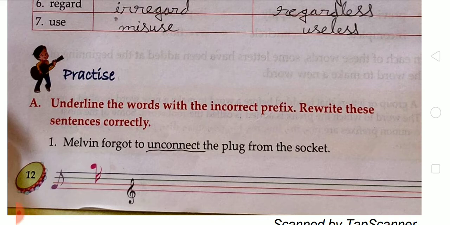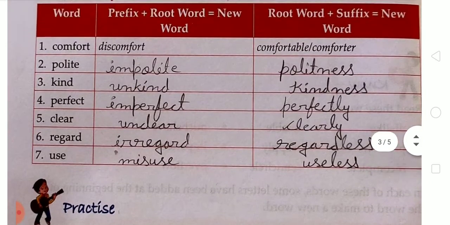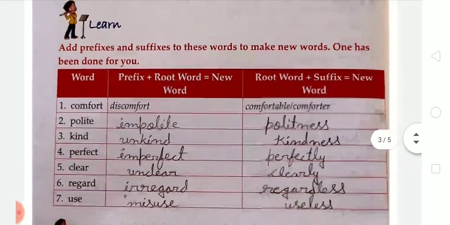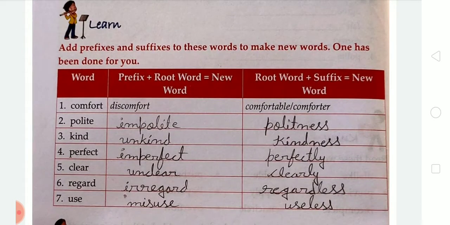Dear student, before starting exercise A, one more time we are going to recheck this first exercise of this chapter. In my previous video I have already explained what is prefix and suffix. So one more time I am going to tell you. In the prefix we have learned that a group of letters that is added before a word to make a new word is called a prefix.